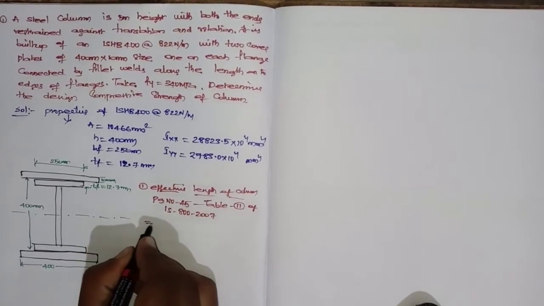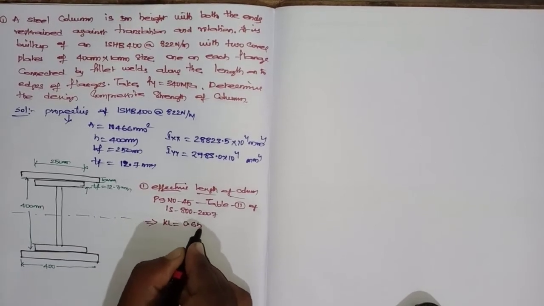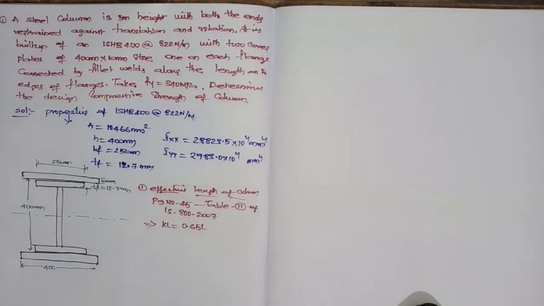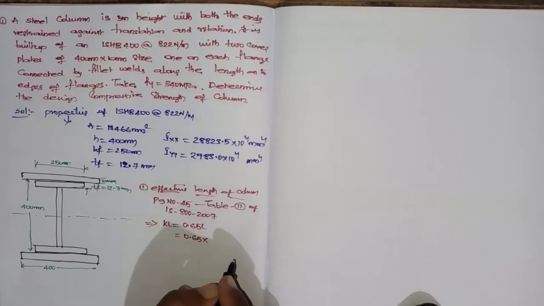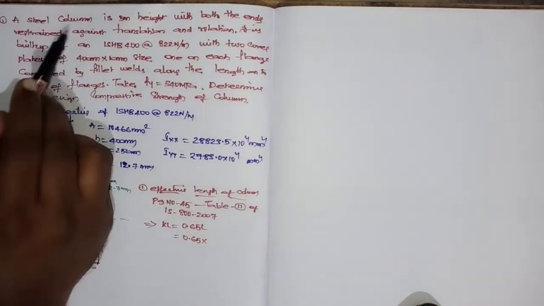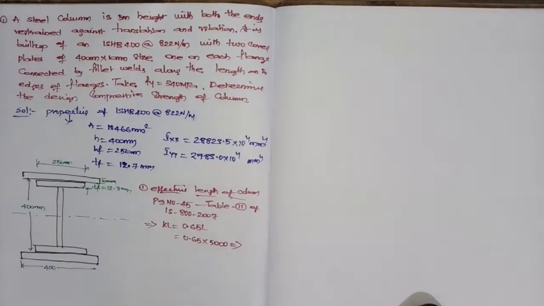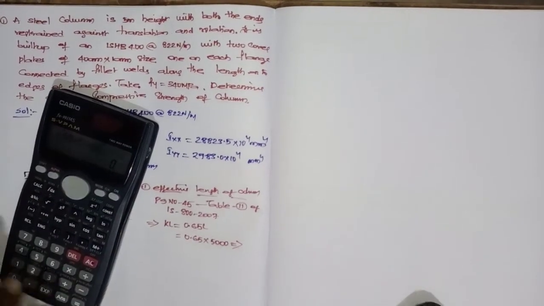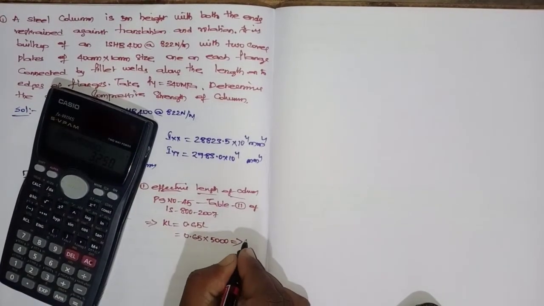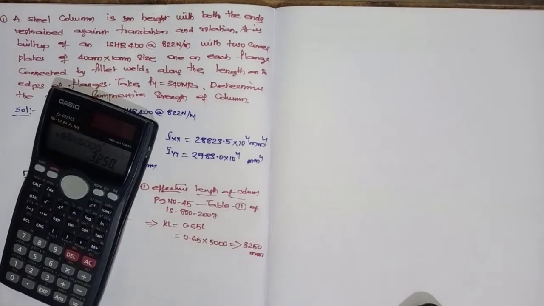As I remember, the effective length is 0.65 L. So 0.65 into L, which is given as 5 meters, so 5000. 65% of 5000 is 3250 mm. This is the effective length.